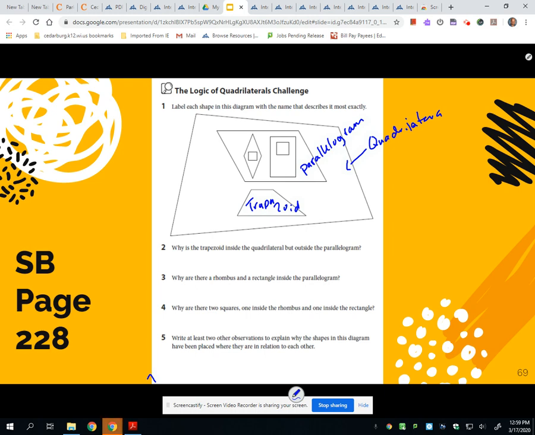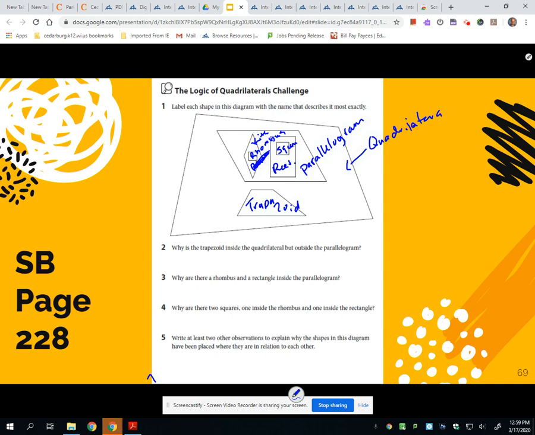Within the parallelogram, we have more shapes. We have a rectangle, a square, and a rhombus. Oh no, I'm sorry. This is a kite with a rhombus. All right, so fill yours in exactly how that is.